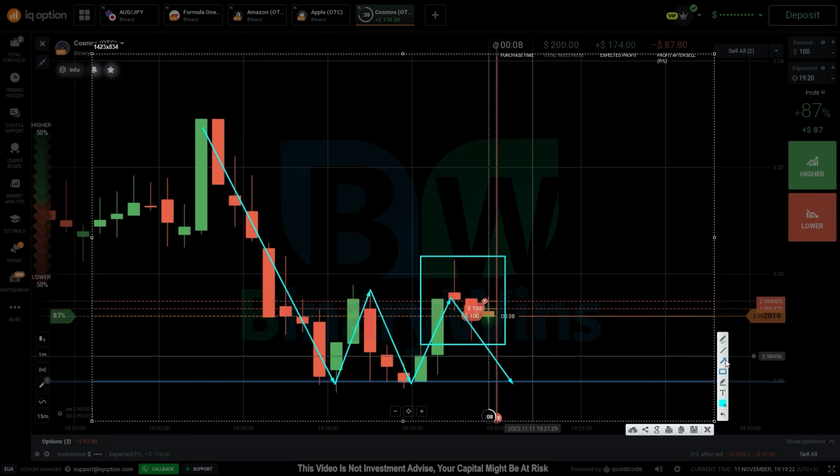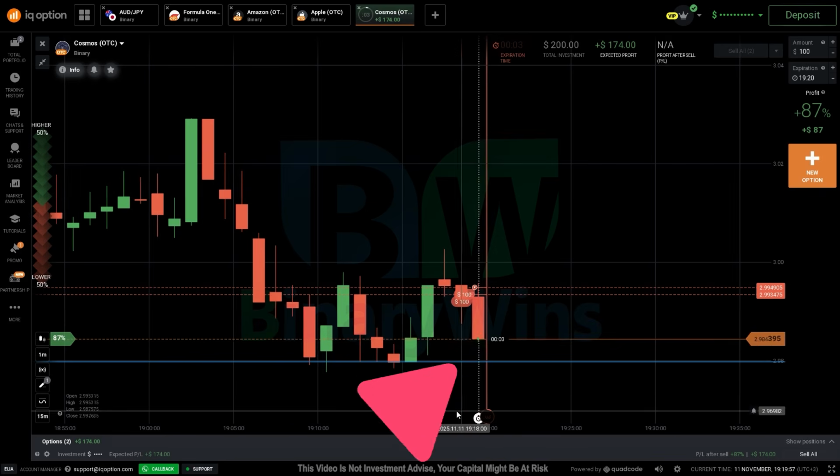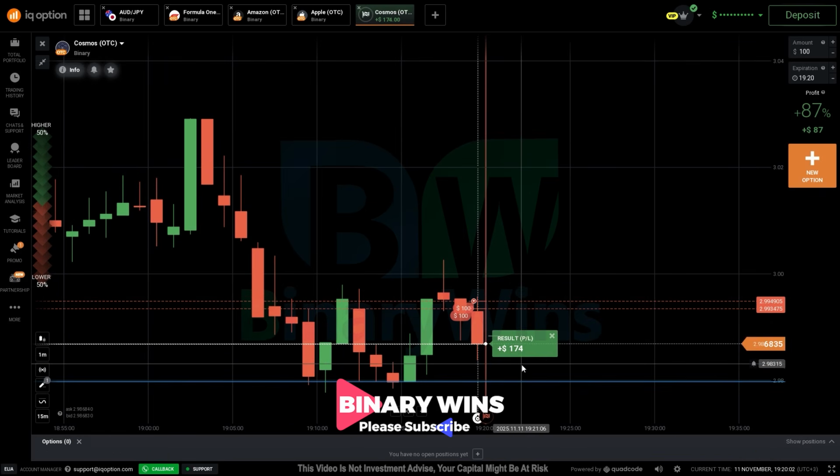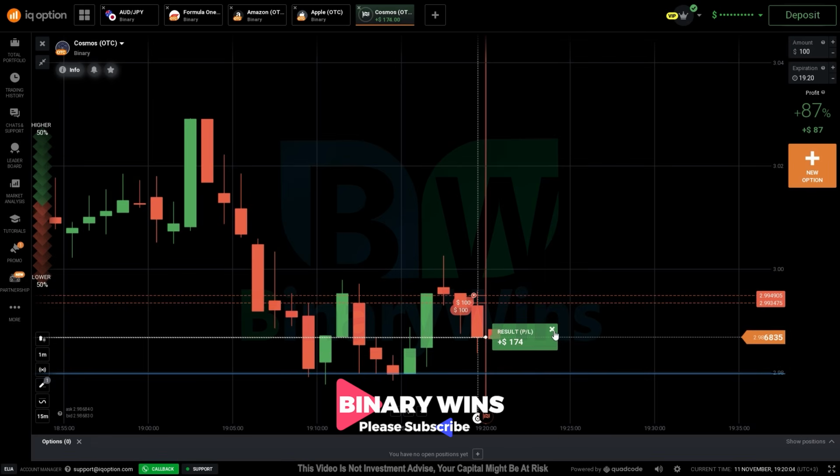Here is a T or C pattern formed for me, right? Touch, reverse, and confirmation. That's why I entered 2 lower trades. Look. Great.